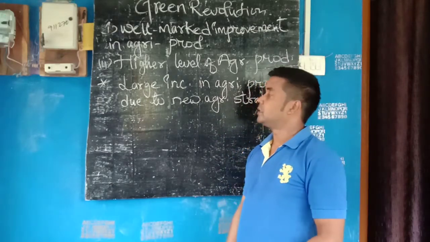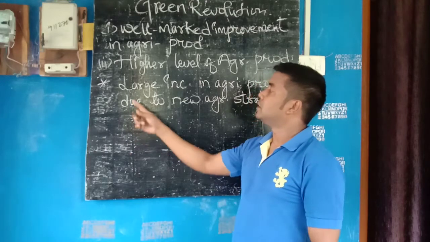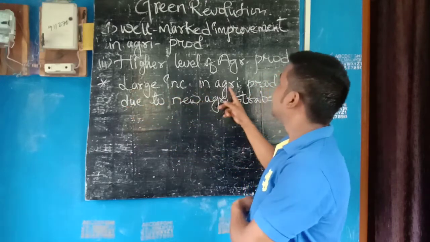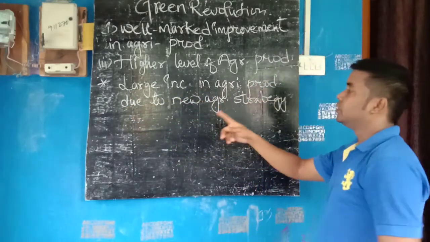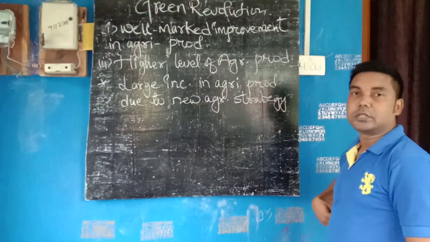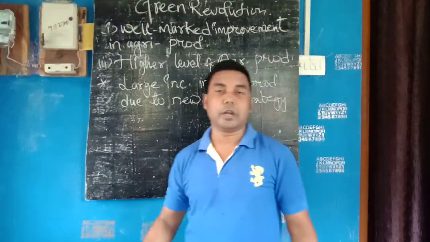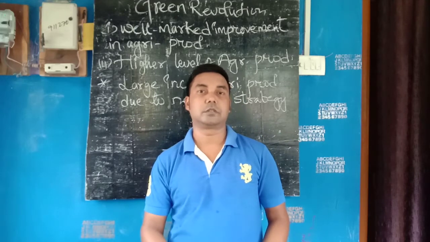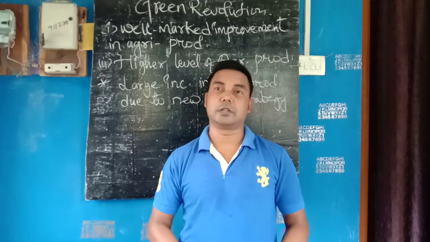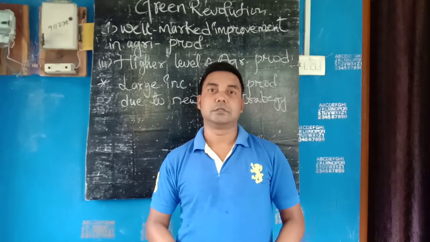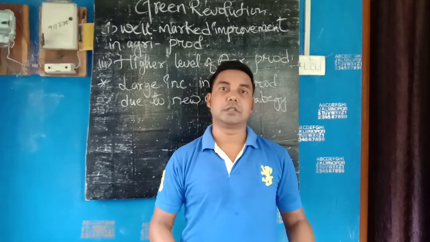Green revolution states, it implies that it is a large increase in agricultural production due to new agricultural strategy. Means when the new agricultural strategy is put in the agricultural sector, then it is termed as green revolution.